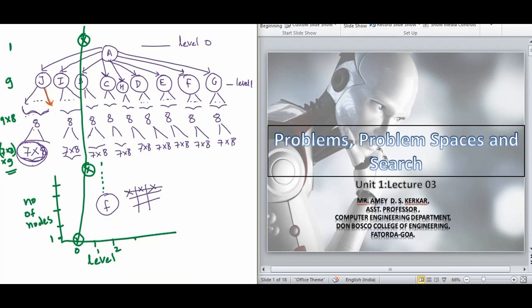So the state space is basically the graphical representation, the connection of all the states that are reachable from the initial state, and sometimes some unimportant states which are never visited can also be part of this state space. So state space is nothing but a graph.